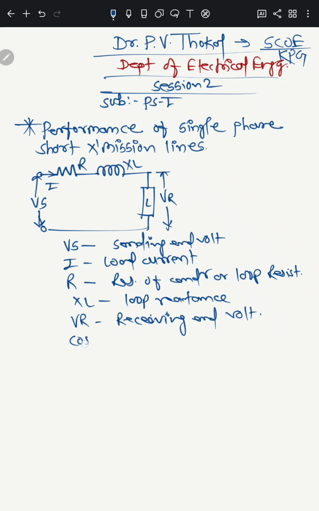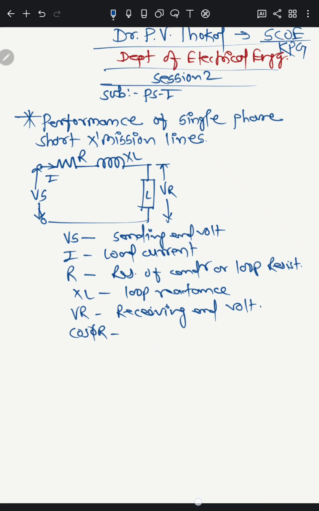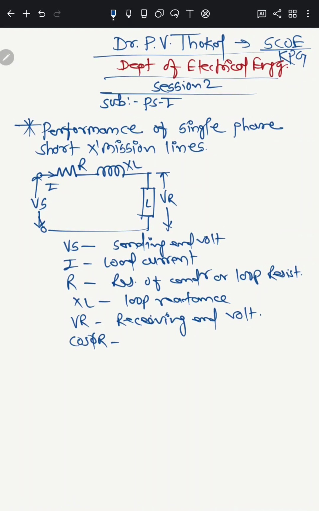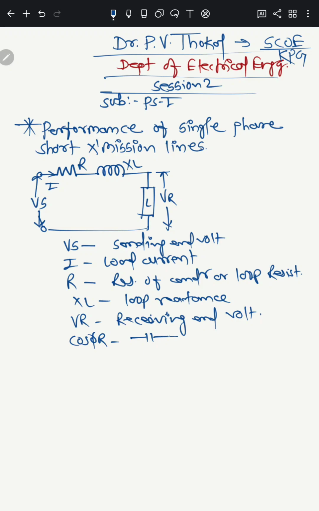Let us consider cos phi R, which is the receiving end power factor, and it is treated as lagging.